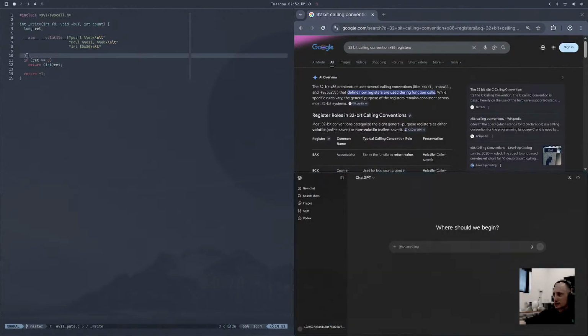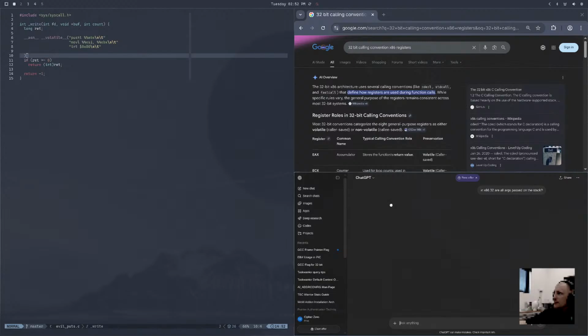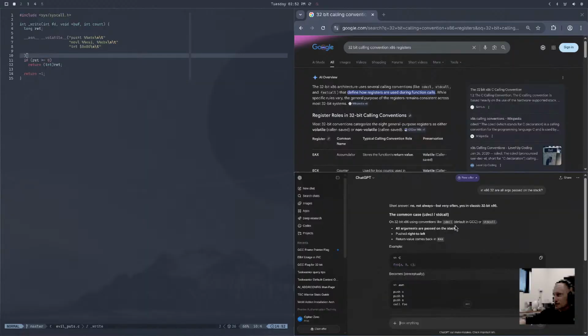Let's go to AI and say, hey, in x86 32 are all args passed on the stack? I guess it's a syscall.